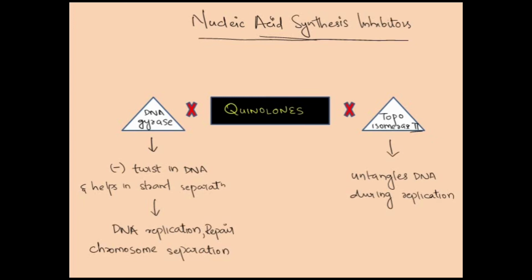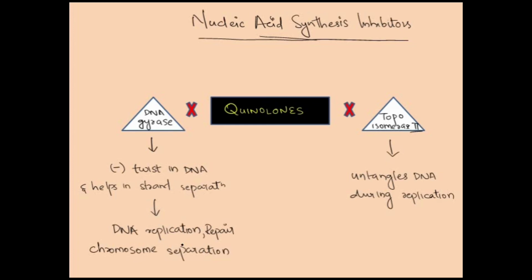Next is nucleic acid synthesis inhibitors. The examples which we studied were quinolone and rifampin. Right. What quinolones will do is inhibit two enzymes, DNA gyrase and topoisomerase 2. So what is the function of DNA gyrase? It helps in the separation of strands. Okay, it will produce a negative twist in the DNA and help in the strand separation. So what is this strand separation for?